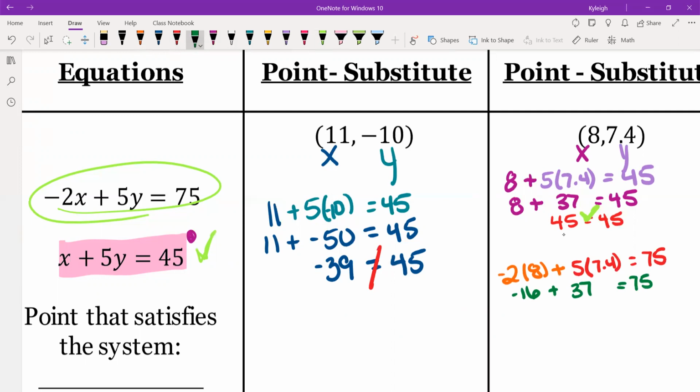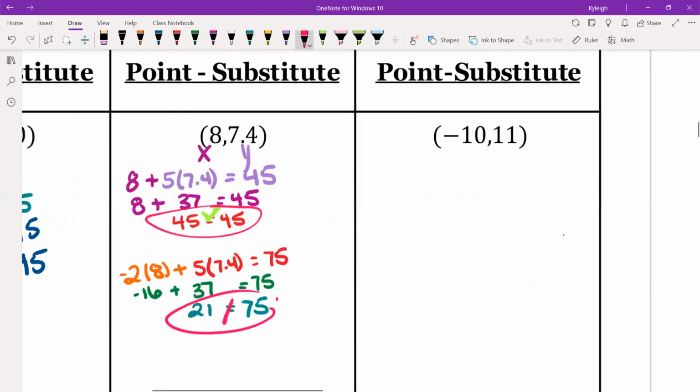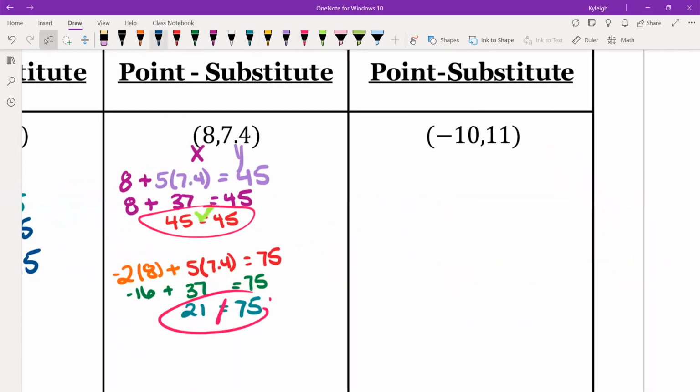And -16 plus 37 is 21. Does 21 equal 75? No. So just because one of them is equal does not mean that that point satisfies. Obviously it's going to be this one, but let's plug it in to double check. And here's the thing, it might not actually be the right one because you might have done something wrong in one of the other ones.